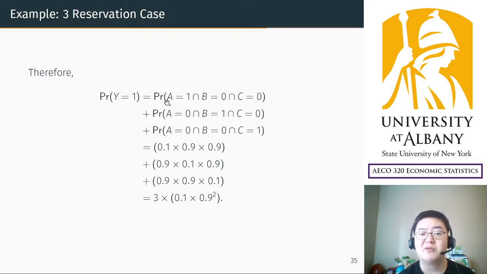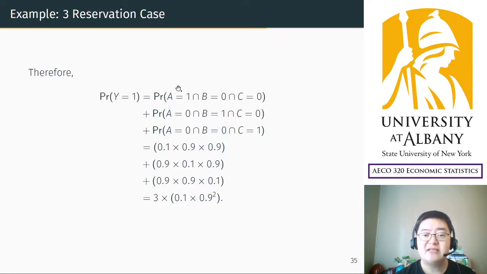For each outcome, in the first case, A is cancelled, B and C are not. Then it is the probability of cancellation, 0.1, times 0.9 times 0.9. By the way, in this equality we are using statistical independence, so the probability of the intersection can be split into the multiplication of single probabilities.